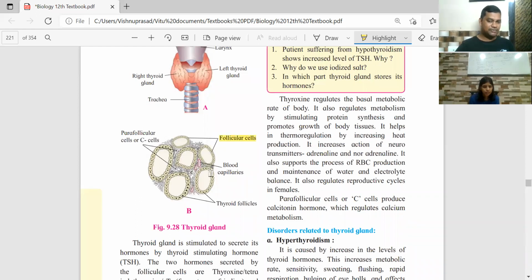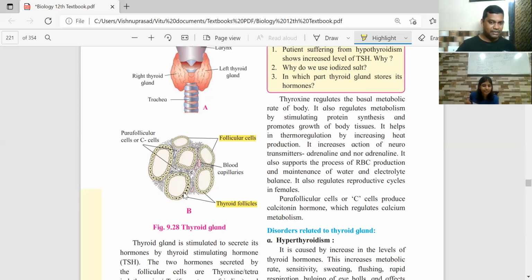These large ones which you can see are the thyroid follicles, and the lining cells are called follicular cells. You can see many cells in a line. So those cells are called follicular cells, and together the thyroid follicles.